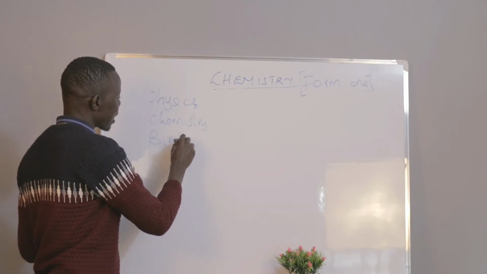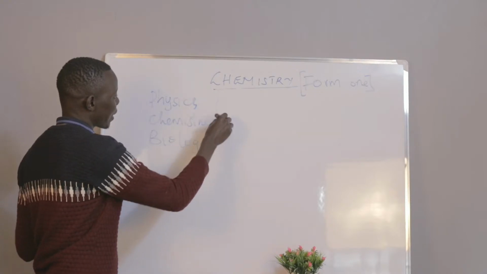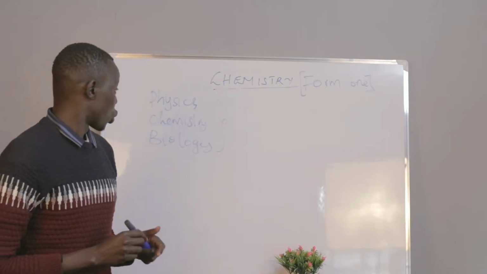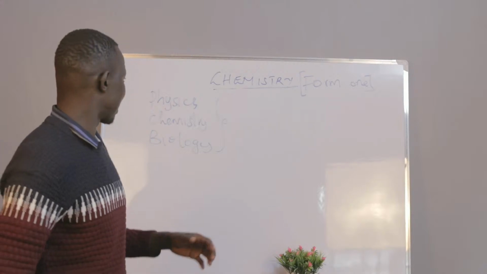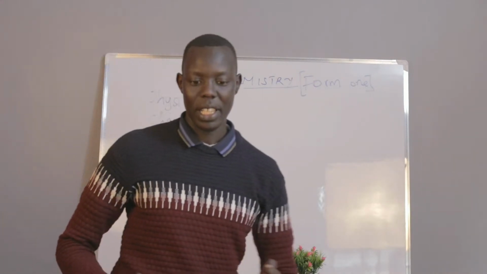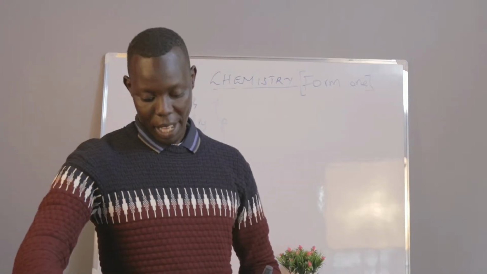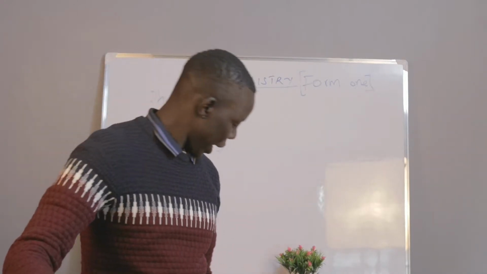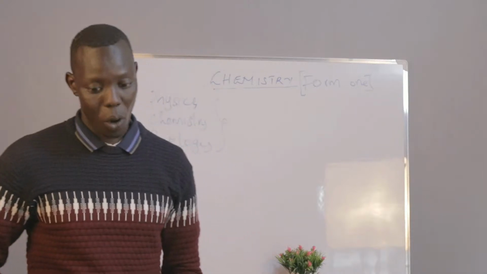So the primary science that you know are split into these 3. For me, I'm a specialist in the first 2, physics and chemistry. Biology, I would have somebody else who will help me work on them.